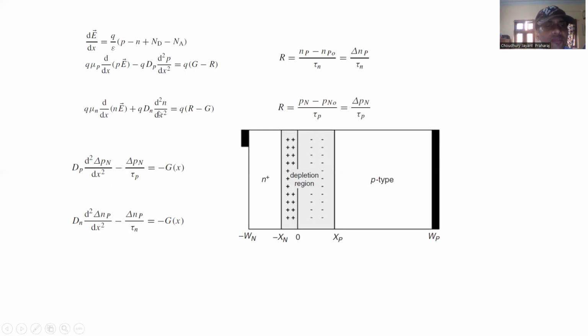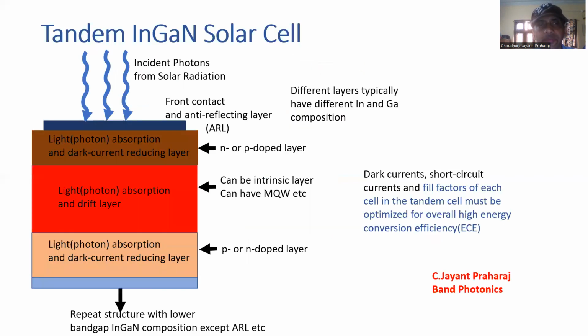And we need to solve these device equations for the specific incident solar radiation to get the photocurrents and photovoltages out of these devices and to optimize it to get the best solar cell power performance or current voltage performance. So here we move to a tandem indium gallium nitride solar cell design.